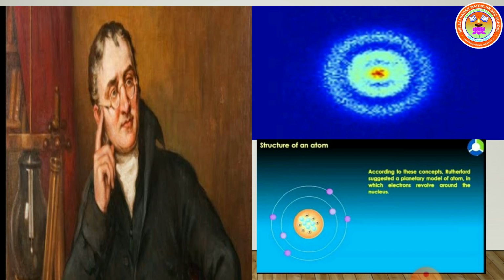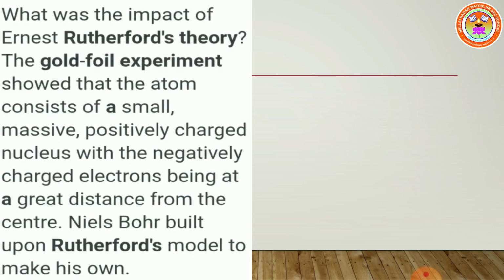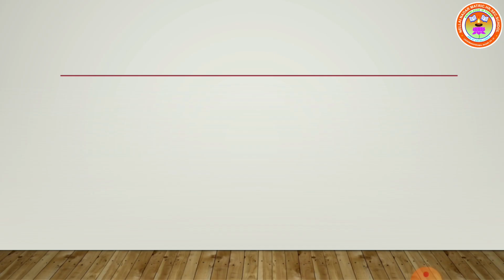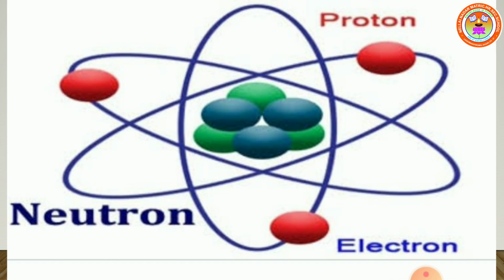But it was found out later through Rutherford's gold foil experiment that atoms are made up of particles like proton, electron, and neutron.